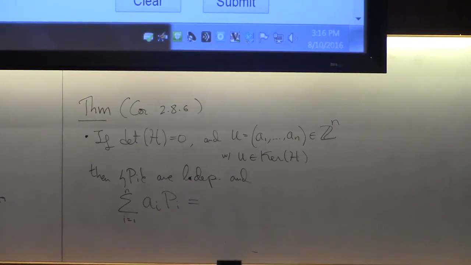If they're linearly dependent, is it equal to 0? Oh, it's not. They are going to add up to a torsion point.